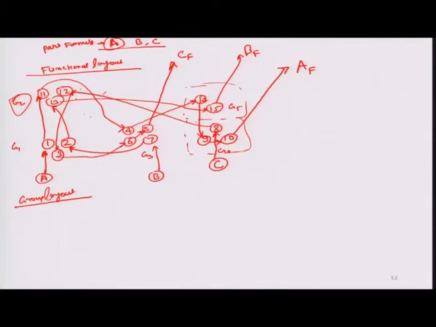So instead of making 5 groups, since we have 3 part families, you will have to make 3 groups: group 1, group 2 and group 3.